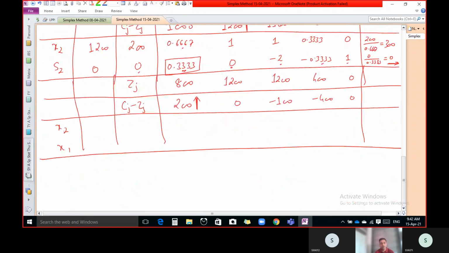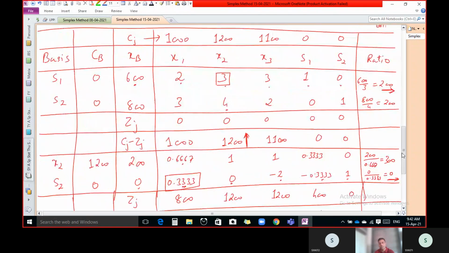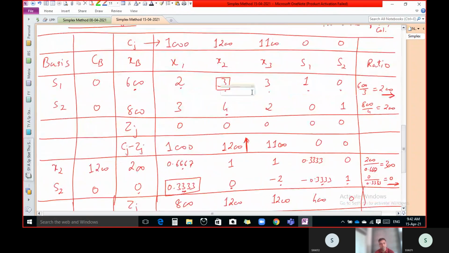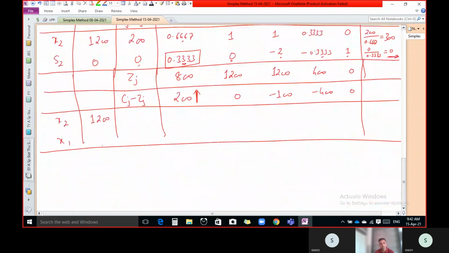Now how to calculate this? First of all, what is the coefficient of x2? Coefficient of x2 is 1200. It is there here. And what is the coefficient of x1? Coefficient of x1 in objective function is 1000. So you would write 1000 here. Now because this is key row, divide all this element by key element first of all. So 0 divided by 0.33333, that is 0. Then 3.3333 divided by same value, we get 1.